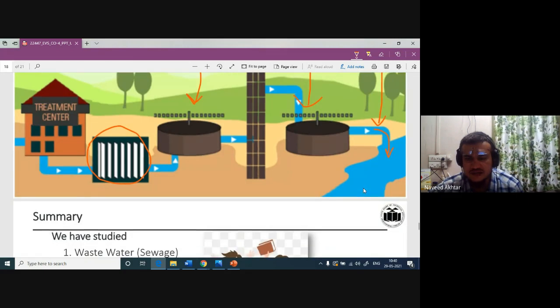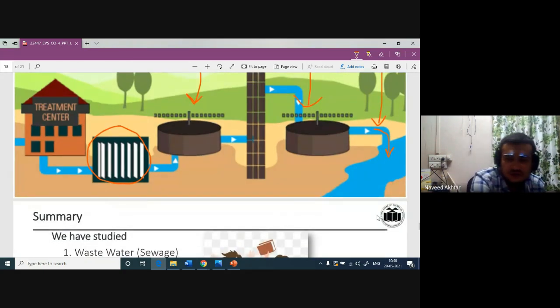It may be the river, it may be the pond. We are discharging into the river and pond, etc.